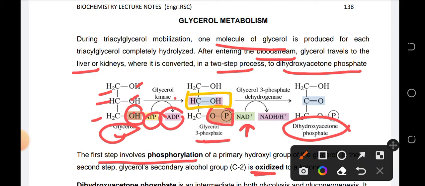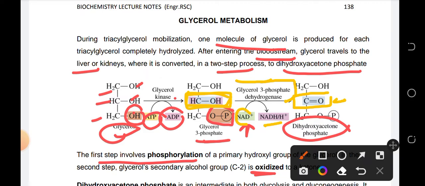Okay, so that carbon atom bearing the hydroxyl group will undergo redox reaction wherein it uses glycerol 3-phosphate dehydrogenase and the intermediate NAD plus. So, marireduce siya sa NADH plus H, and that carbon atom bearing the hydroxyl group will then become carbonyl. So, magiging C double bond O siya.